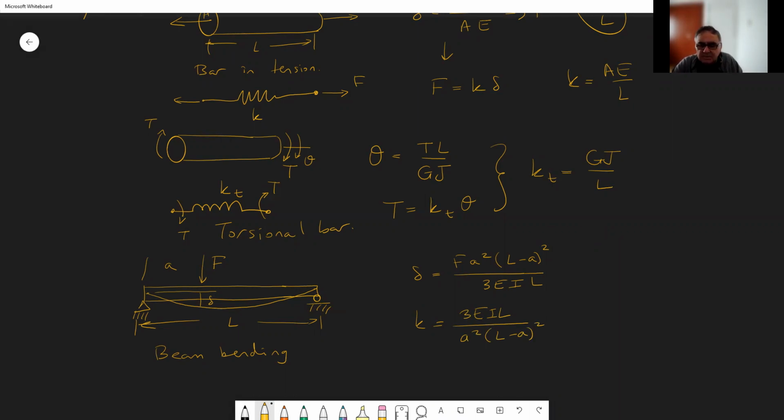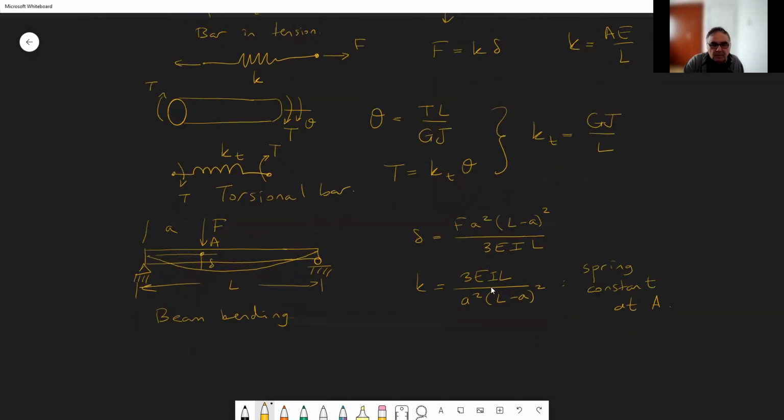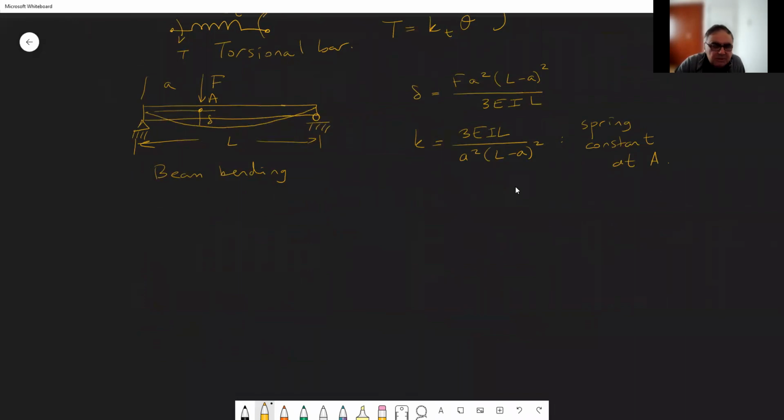so the spring constant at A, let's say that this point where the force acts is A. So this is a simple support. You might have a cantilevered beam like this, with a force on top of it, so it will deflect like this, again exaggerated.